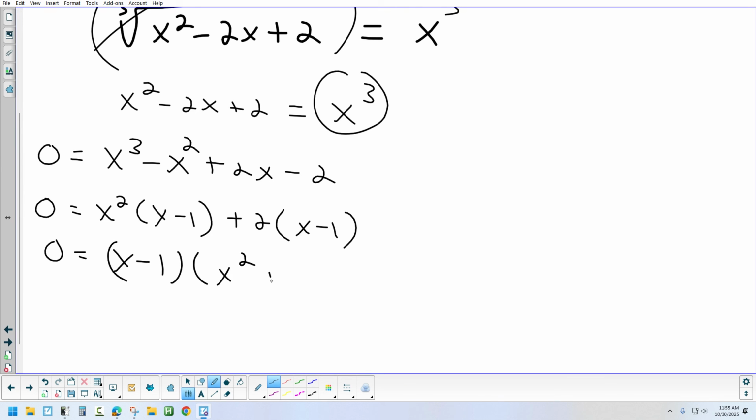Now, what do you do with each factor? Set them equal to 0. What's going to happen if you set this equal to 0 and try to solve it?